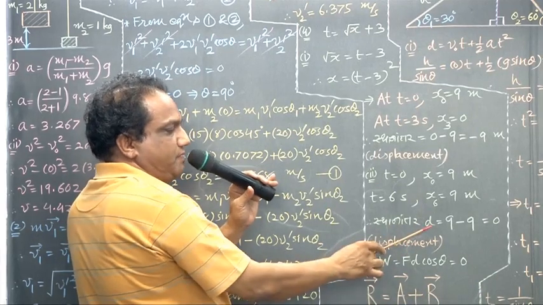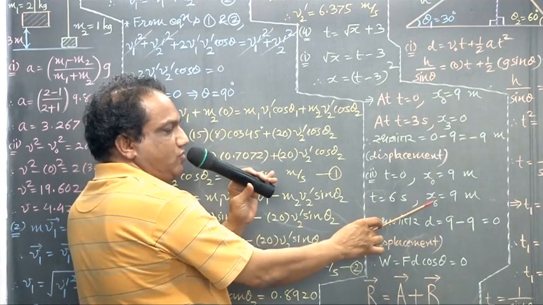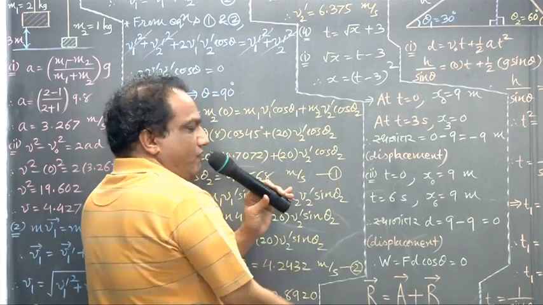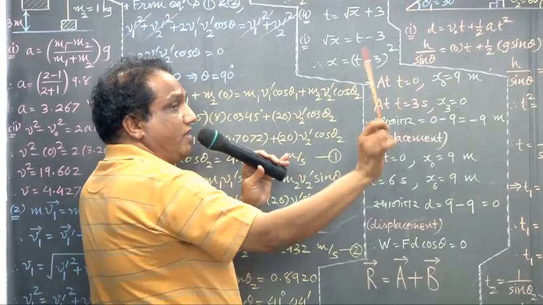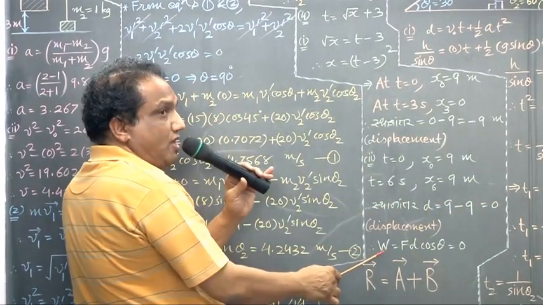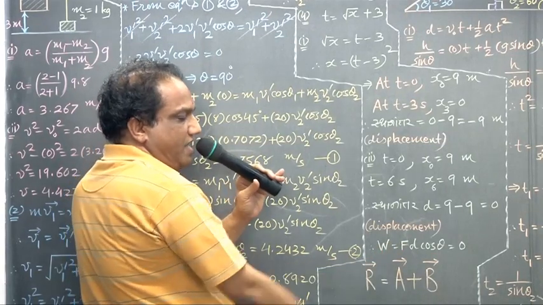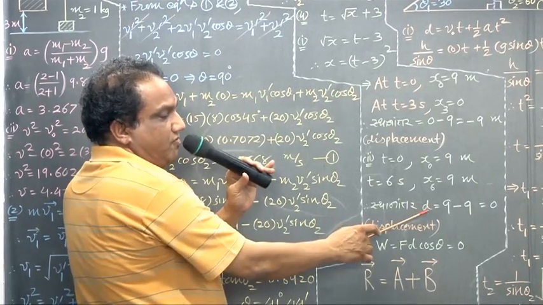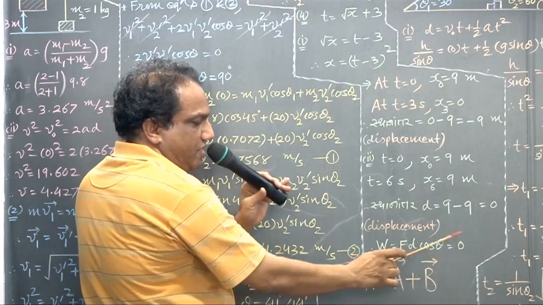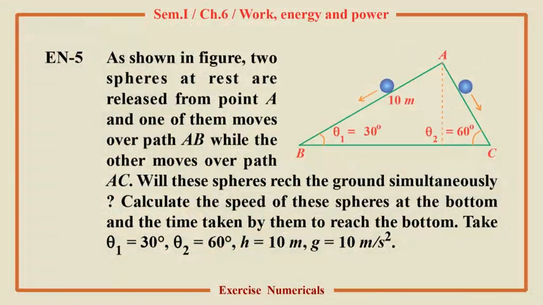Displacement is final x coordinate minus initial x coordinate. 9 minus 9, that is 0. Once the displacement is 0, no work can be done. You know work done formula by constant force, F d cos theta. What is the displacement right now? It is 0. Put it here, so this part will be 0. Work done is 0. Next.